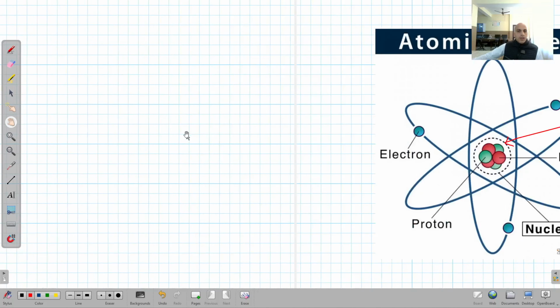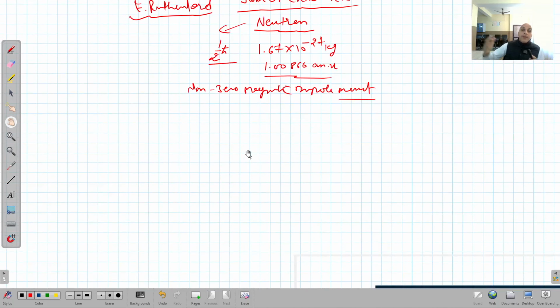Now I want to tell you what happened to the objections that were raised against the proton-electron theory, and whether this new theory is capable of removing all those objections or not. First of all, according to the proton-electron theory, the atomic nucleus is represented as ZXA.